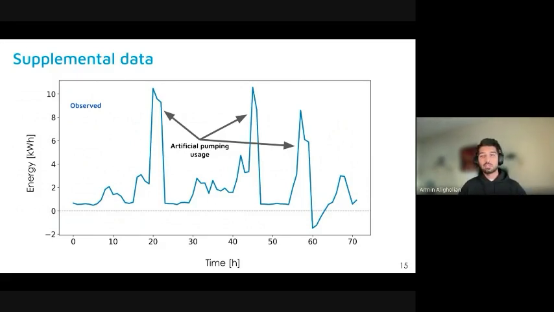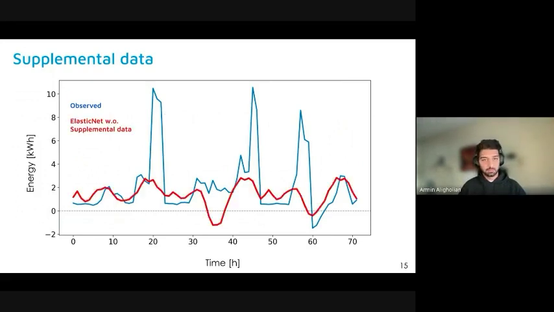I wanted to see how the model works if we didn't have that supplemental data, the 0s and 1s. This is how the ElasticNet works without that supplemental data. We just know the temperature, GHI, and all the categorical variables within the data setup that we have.